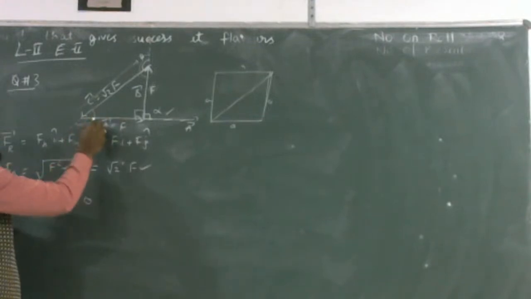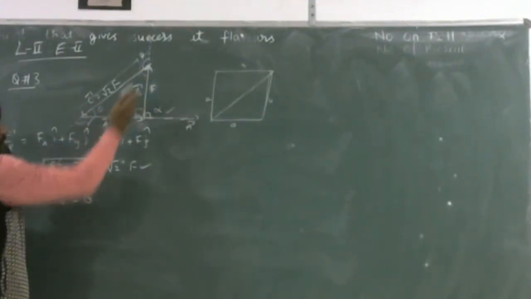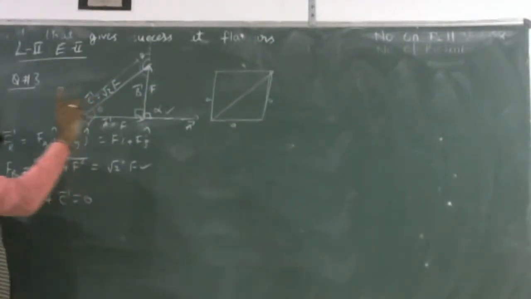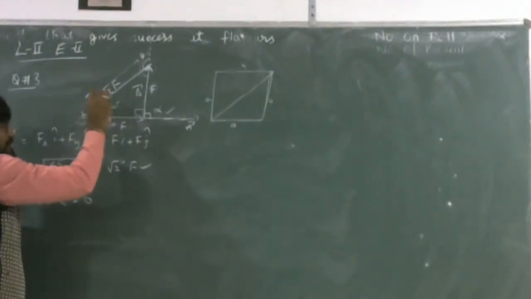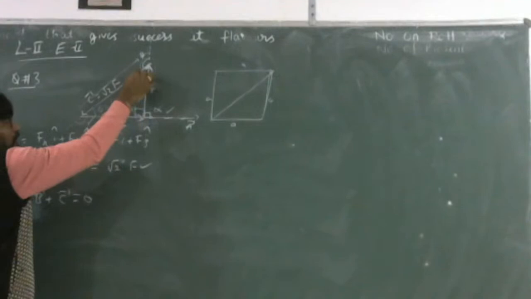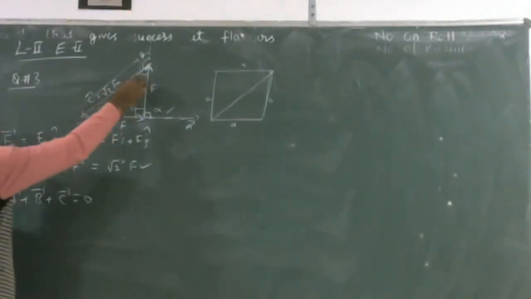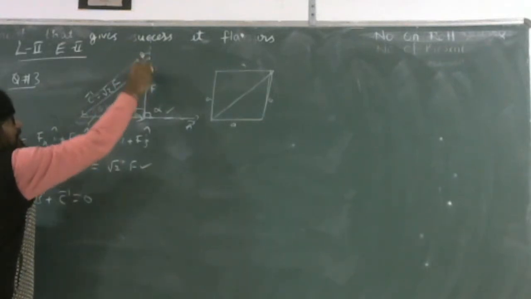If you don't know what this angle is, you can take it as theta, where tan theta is opposite side by adjacent side. This is 1 here, this is 1 here. So tan 45 is 1, for what angle is it 1? 45. So this is 45, this is 90, and this also will be 45. The sum of the angles will be 180. So then 180 minus 45 is beta.